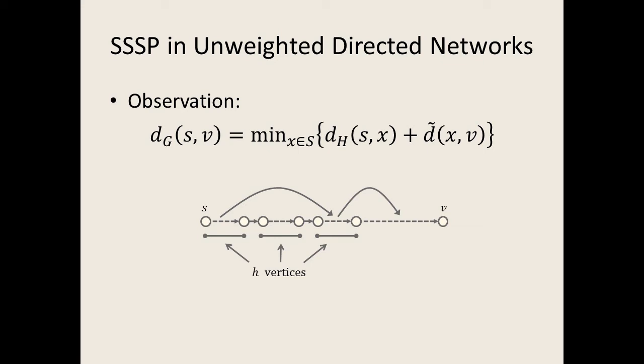By the way we chose the set S, we can assume that each of these paths contains a vertex from S. And so by only considering the vertices that belong to every second path, we get that H must contain a path to some vertex x such that this is equal to the distance of V from the source.